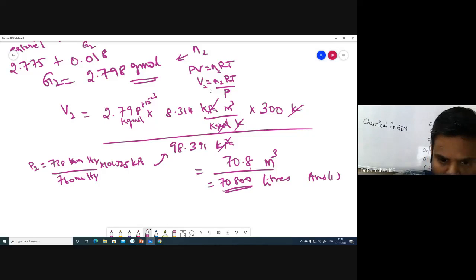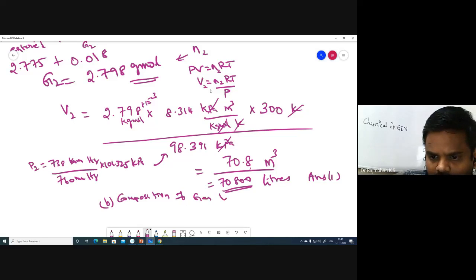Okay, so question is, what is the composition of gas leaving? So that is simple, you can do it. The B part answer is the composition of gas leaving. So you have air and you have HCl content in it. So air is 2.775, HCl is 0.018, total is 2.793, and percentage you can express, right?